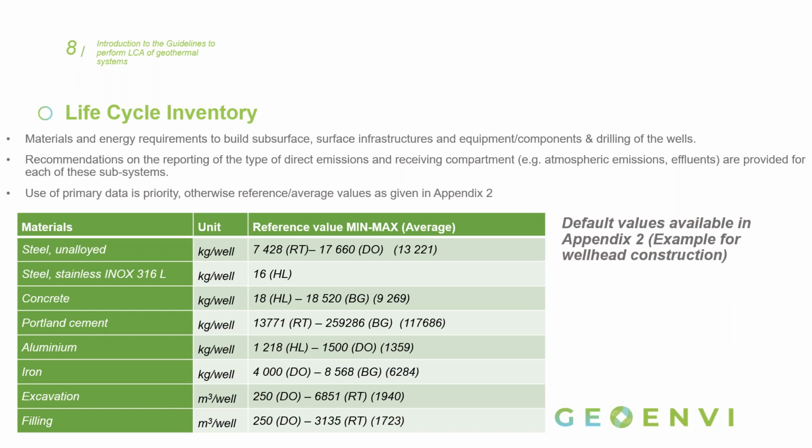The guidelines contain recommendations on the reporting of the type of direct emissions and the receiving compartment, so airborne, soil-borne, or waterborne, and related to each of these subsystems. The use of primary data is a priority, otherwise reference and average values will be given in the technical appendixes of the guidelines.